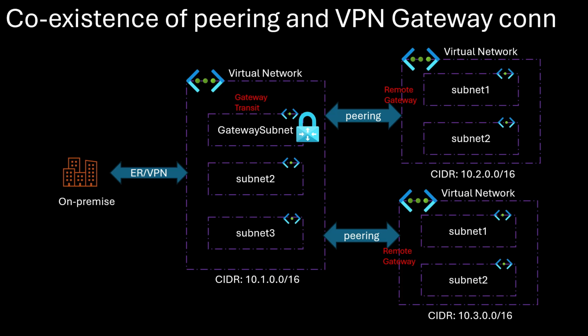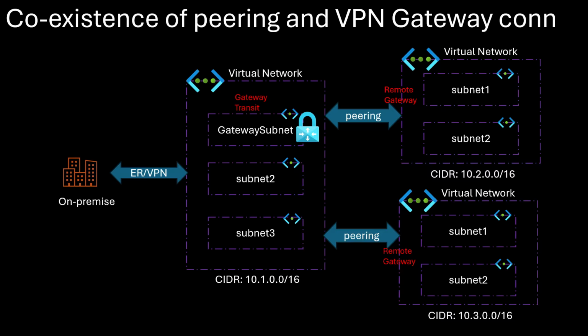And this capability can be enabled only when you have a VPN gateway running in the hub network. Gateway transit capability allows you to share a VPN or express route gateway from one virtual network with other peered virtual networks. Such setup eliminates the need to deploy multiple gateways.